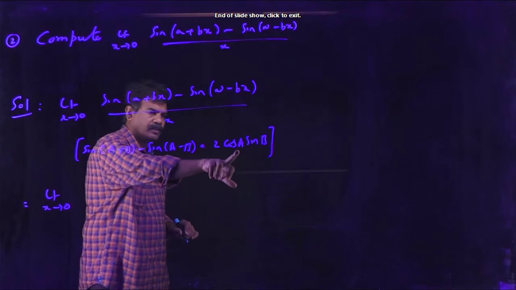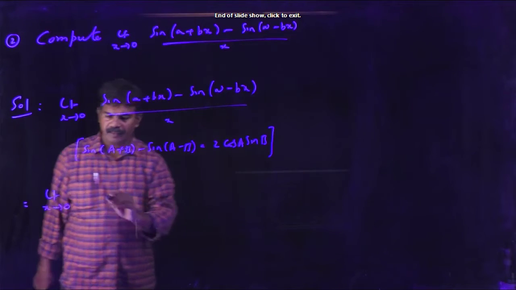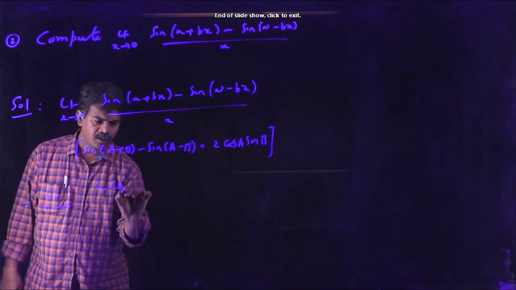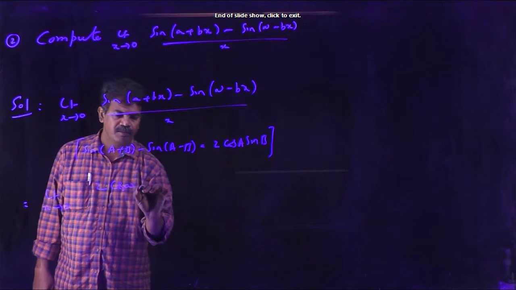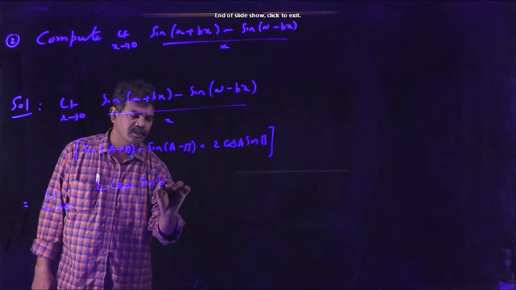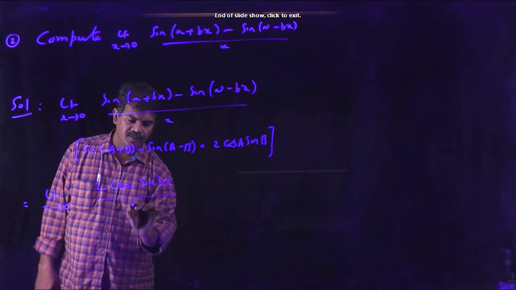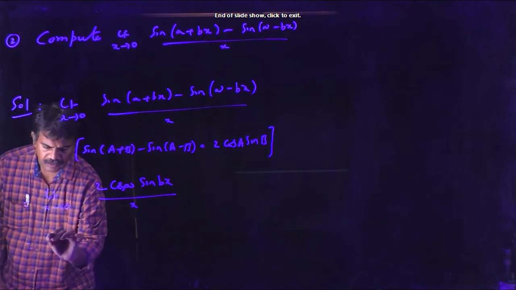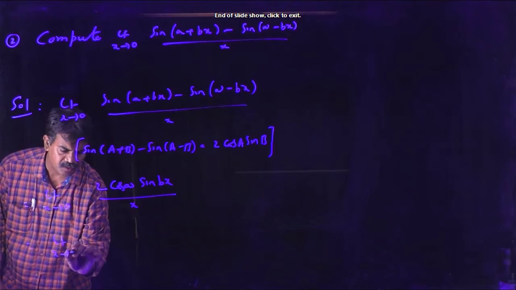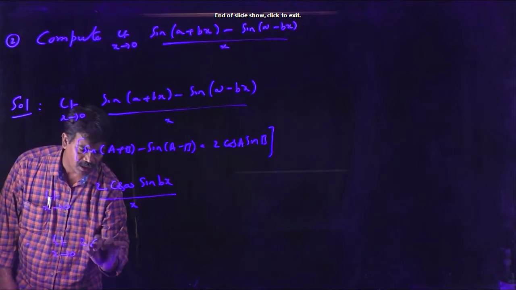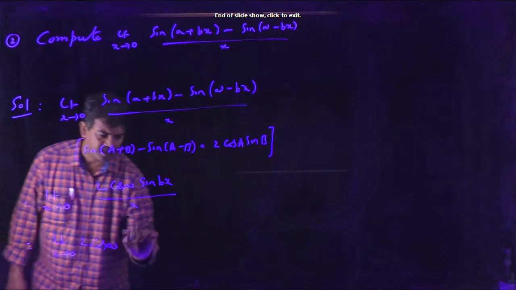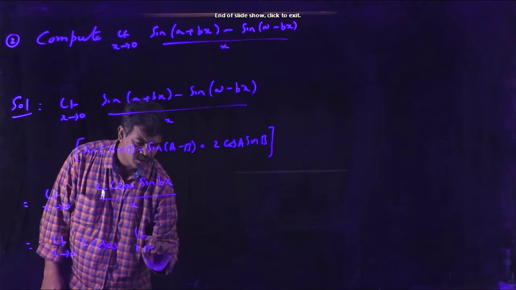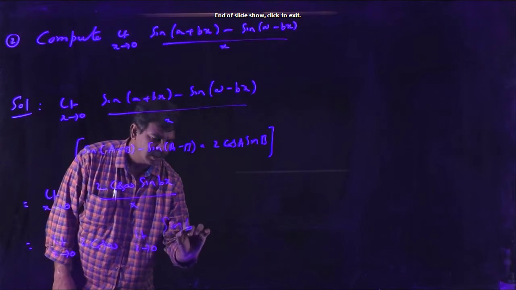So we write 2 cos a sin b, that is 2 cos a, with b as bx, by x. Next we write limit x tends to 0, 2 cos a into limit x tends to 0, sin bx by x.